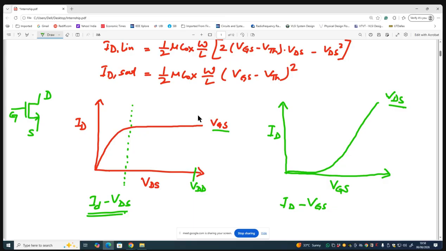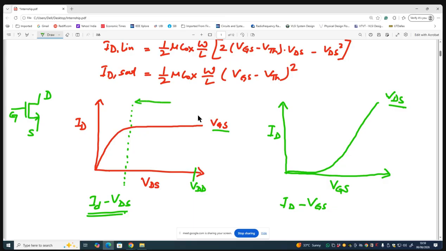The whole range of current, the whole range of ID-VDS, which of the two equations represents it? Yes, the saturation current equation. So no single current equation actually captures the whole ID-VDS range.